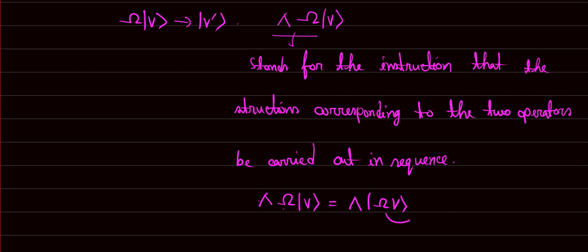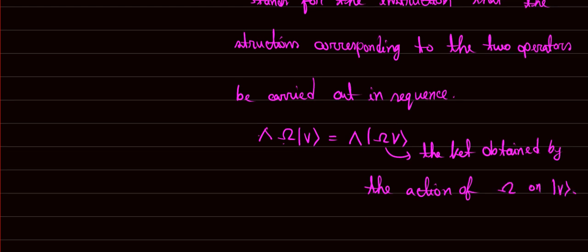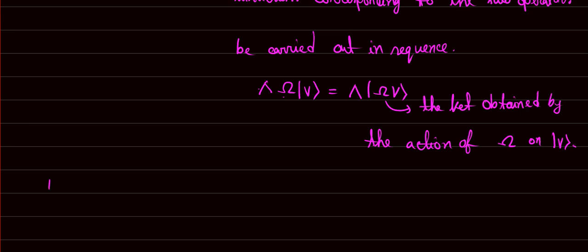Okay, and here it is the ket obtained by the action of omega on our ket V. And if we have operators in this fashion, it is written like this.